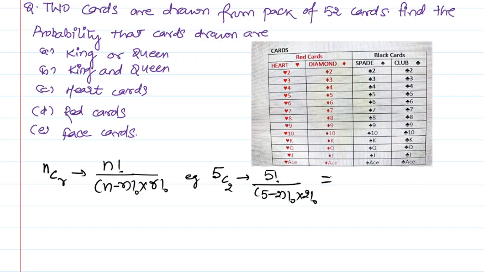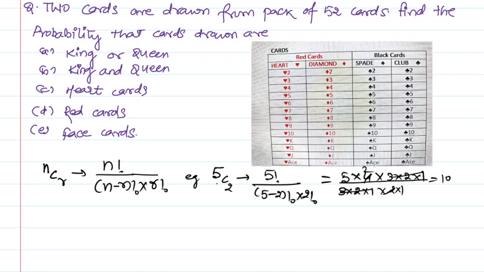But what do you mean by factorial? It's basically the countdown of the numbers. 5, 4, 3, 2, 1 upon 5 minus 2 is 3 factorial, which can be written as 3 into 2 into 1. 2 factorial is 2 into 1. So this 3, 2, 1 gets cancelled, 2 into 4 gets cancelled. So a total of 10 ways are there.